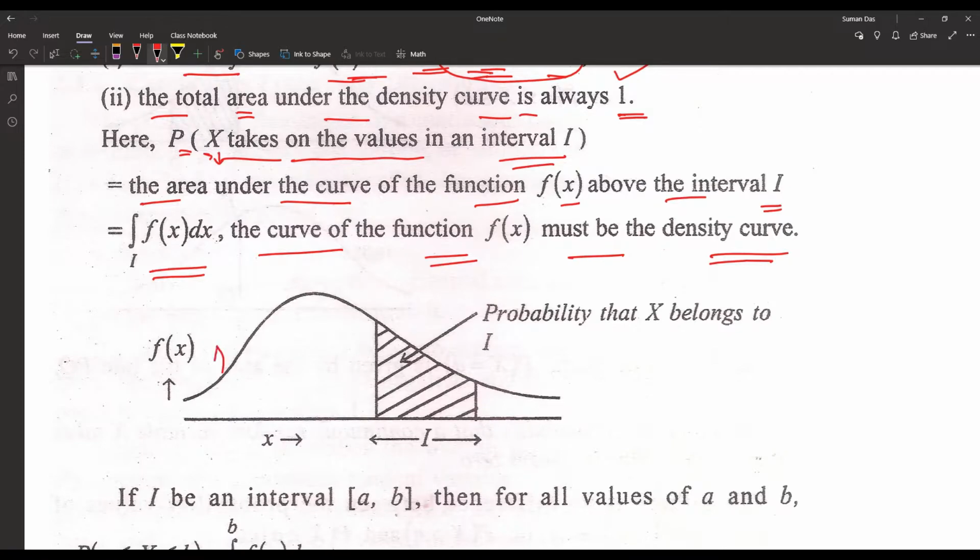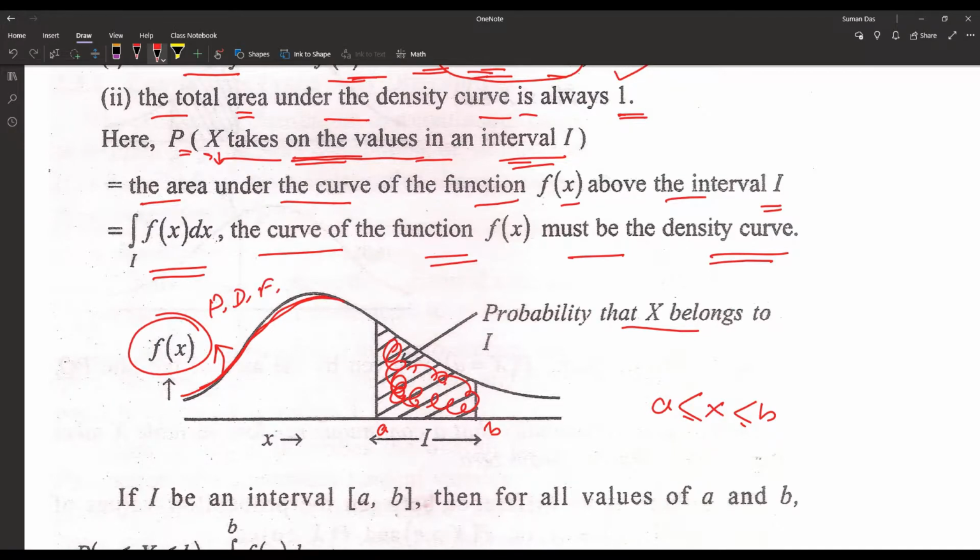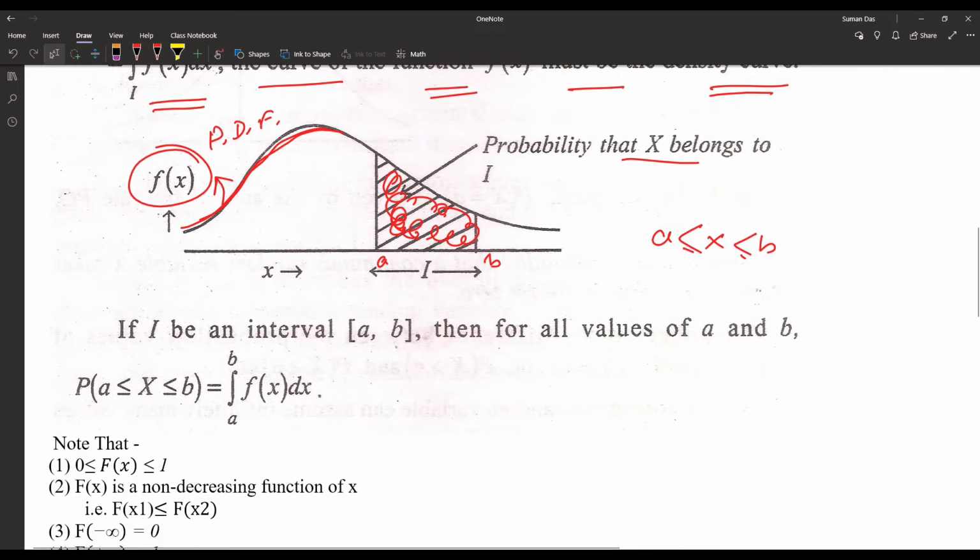So that is our f(x), the density curve, and that is the interval I. That is the area for values in the interval I. Suppose that is from A to B, that is our range. So the probability that X belongs to I, in that way, that is our density curve, and that is our function for the density curve, known as the PDF. Okay, so that has been defined once again.